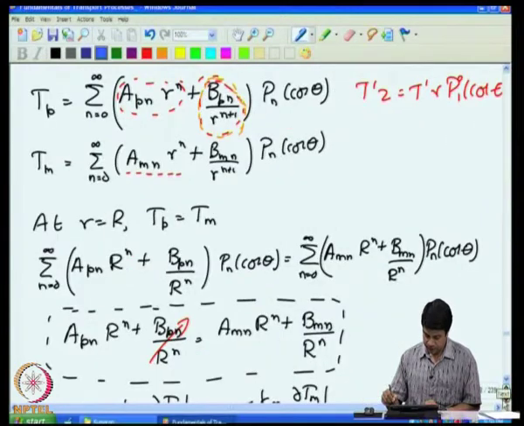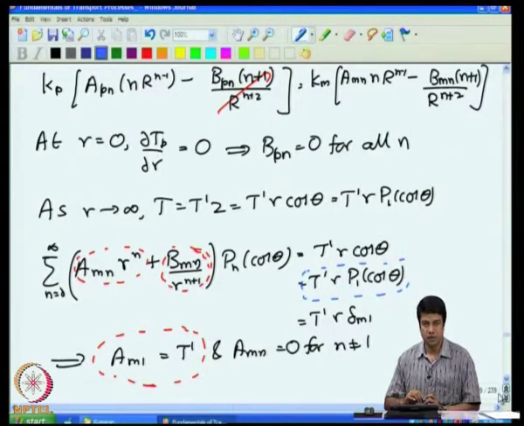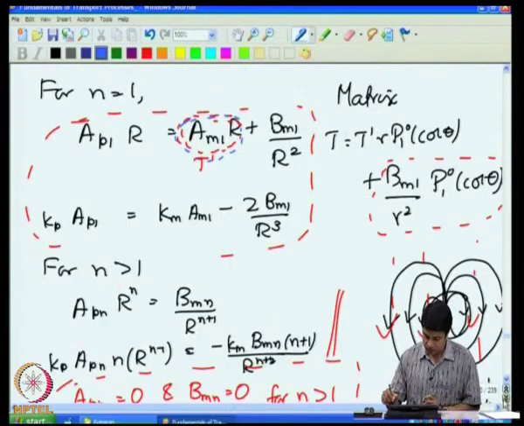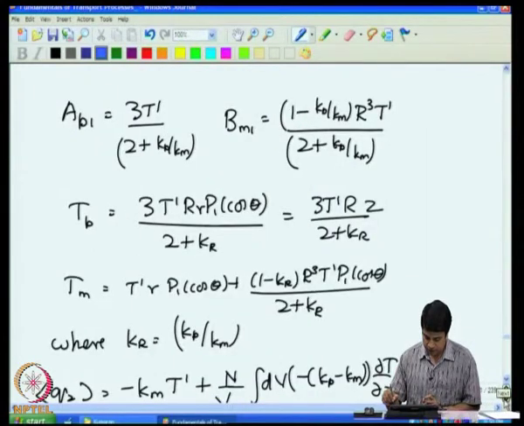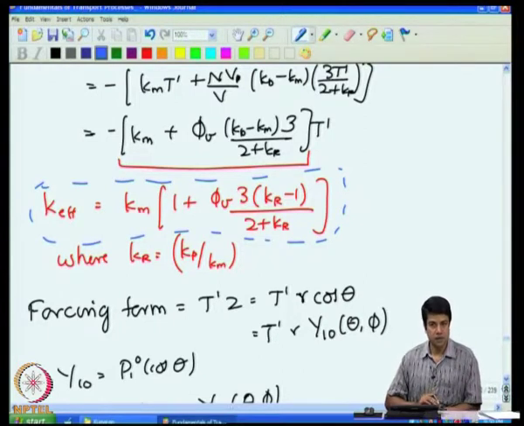And since the forcing temperature field far away had the symmetry of 1 0, that is, it was proportional to P 1 0 of cos theta, which is the same as Y 1 0, therefore the actual temperature everywhere also has exactly that same symmetry, and because of that we were able to solve the problem and get the effective conductivity of the composite in the dilute limit, where the temperature field around one particle does not affect the temperature around another particle.